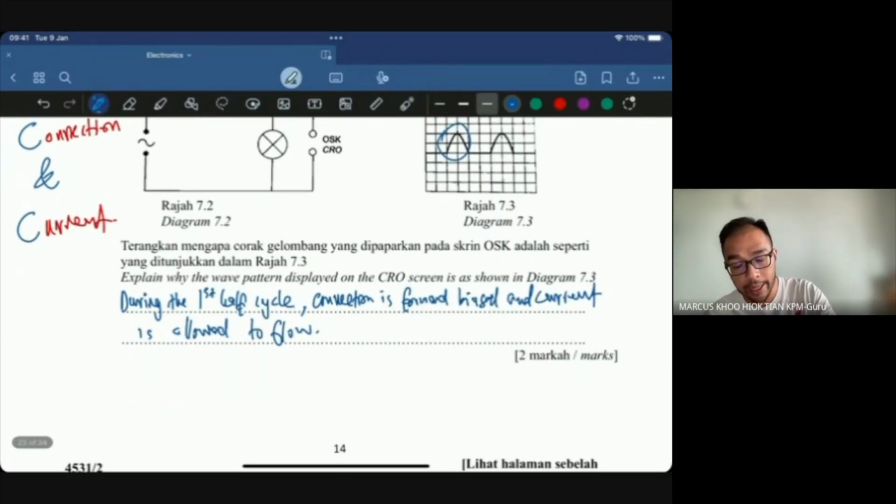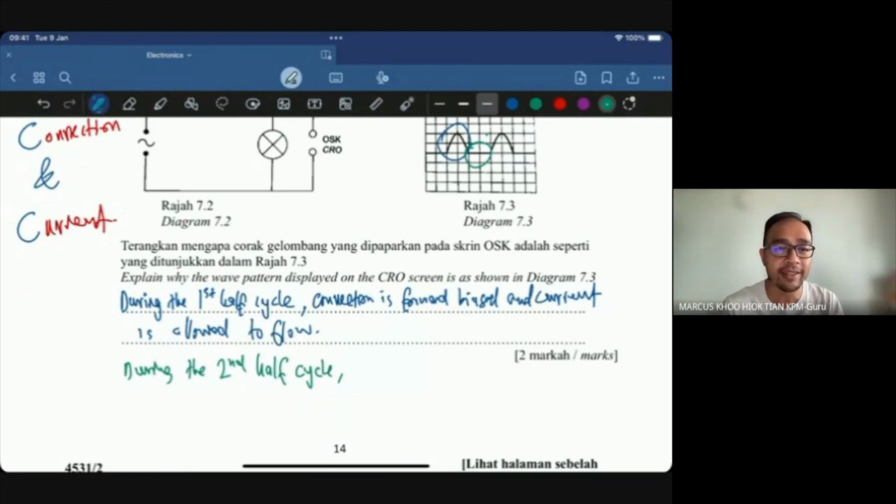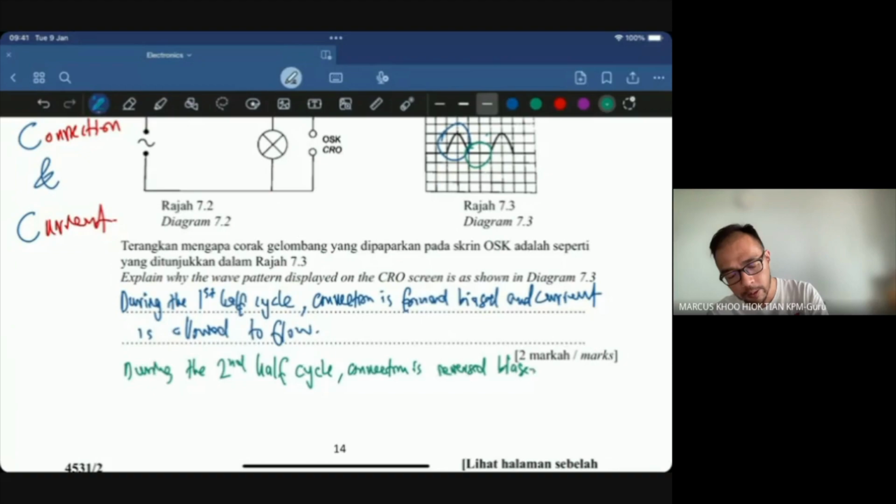Then the flat part is the second half cycle. You write the same thing, connection and current. During the second half cycle, connection is reverse bias and current does not flow.